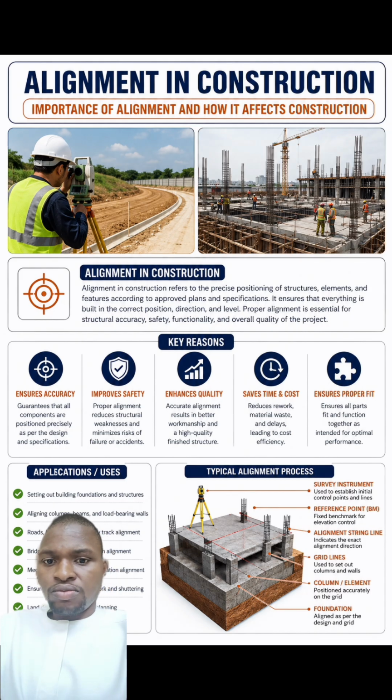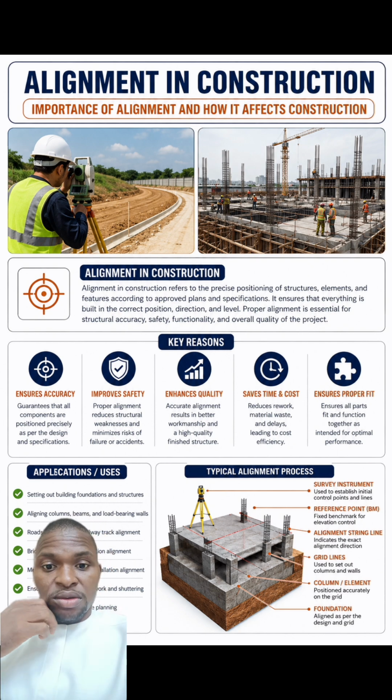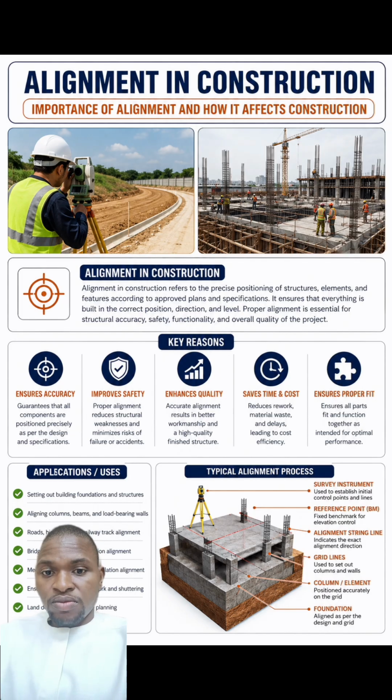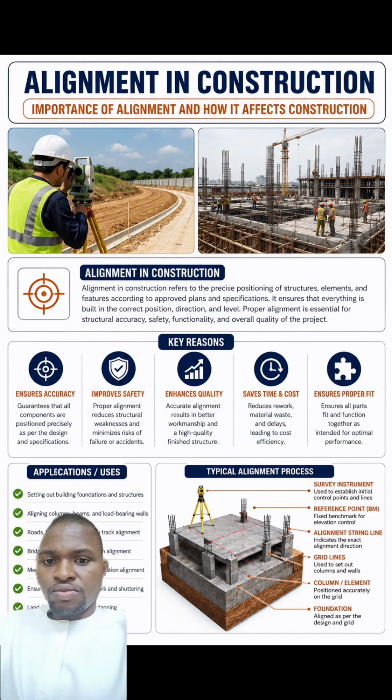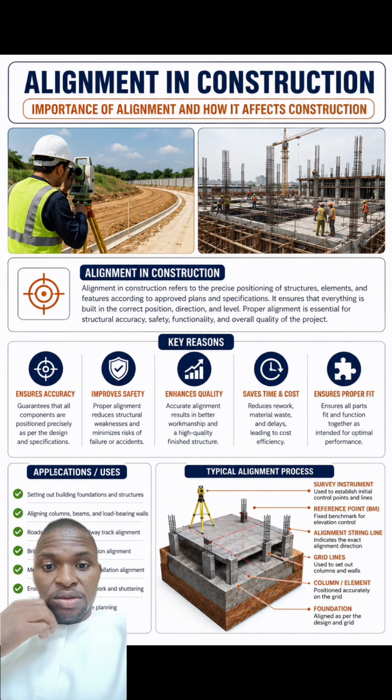It refers to the precise positioning of structures, elements, and features according to approved plan and specification. You understand, your structure elements and the features according to the approved plan, which means before you embark on the journey of constructing anything, there's this approved working drawing, right?